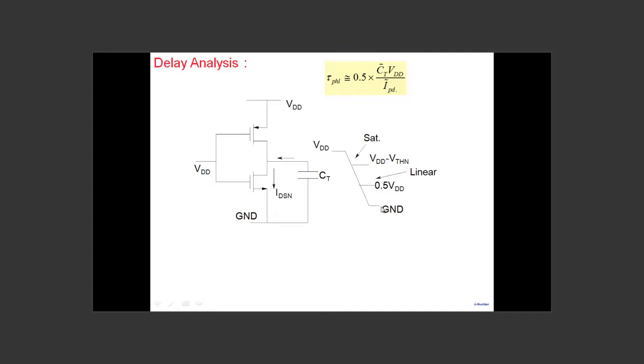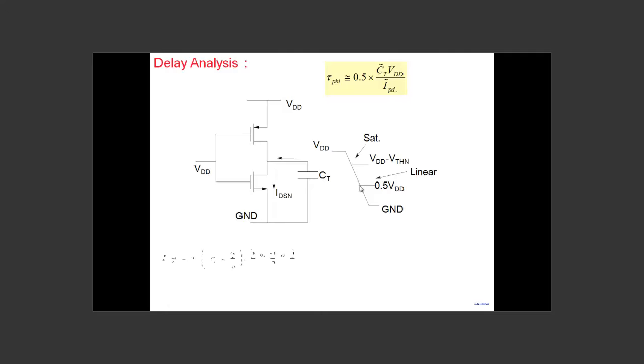But we are interested only in this till this point here, because tau pHL is from this point to this point, 0.5 VDD. So part of the time it is in the saturation region, and part of the time in linear. So it's a bit complicated what IPD is. It's a function of time. But what we are going to do is calculate it at the beginning and at the end and take an average.